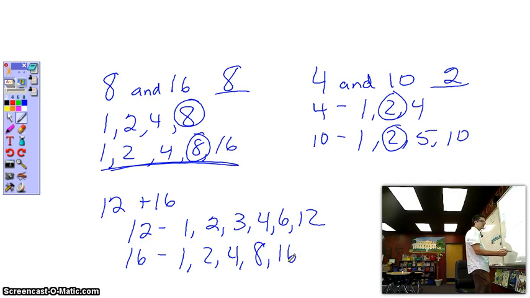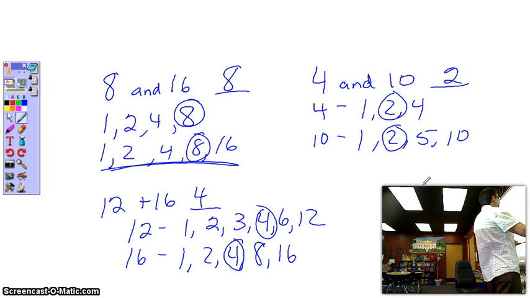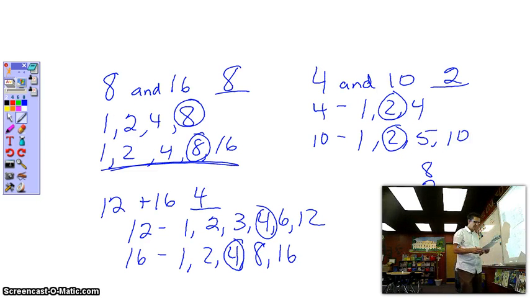The greatest number in both lists looks like it's going to be 4. And then when you add up your check answer, you're going to add 8, 2, and 4 together, which of course comes out to be 14. So there you have it, the greatest common factor, lesson 56 in Excel.